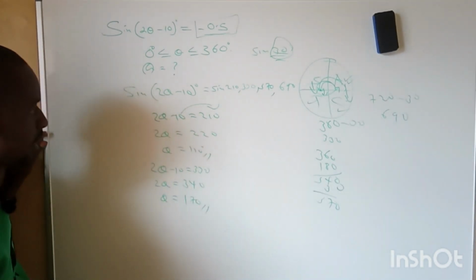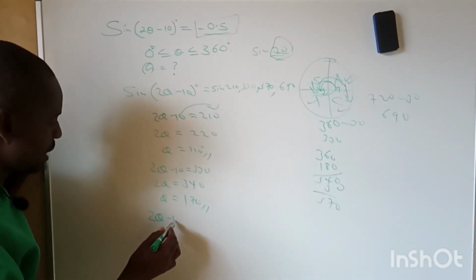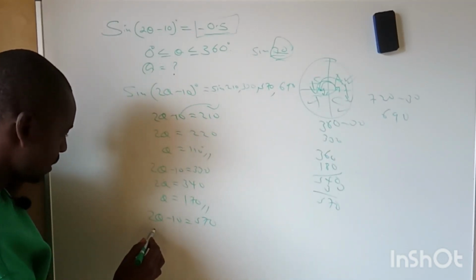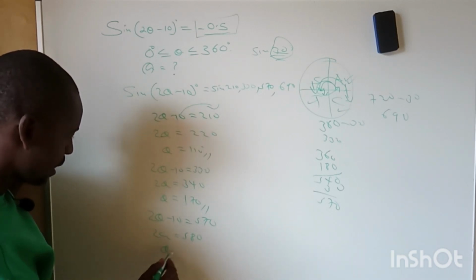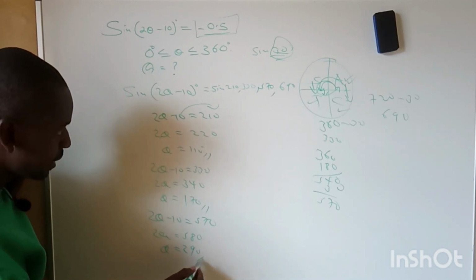Another value of theta: 2 theta minus 10 is equal to 570. Then 2 theta is equal to 580, then theta will be 290.